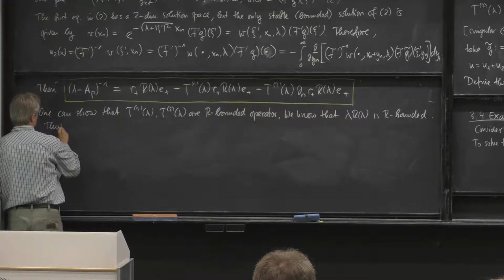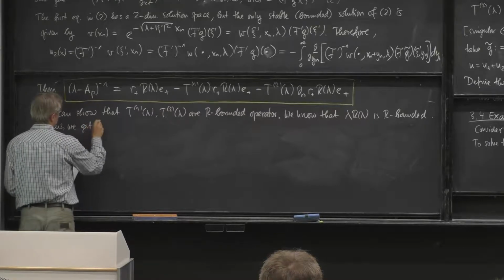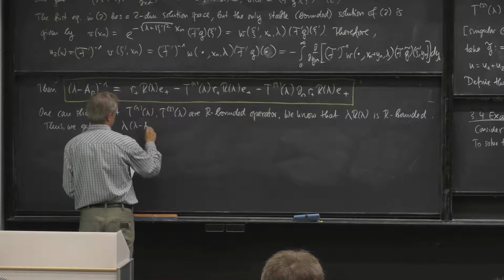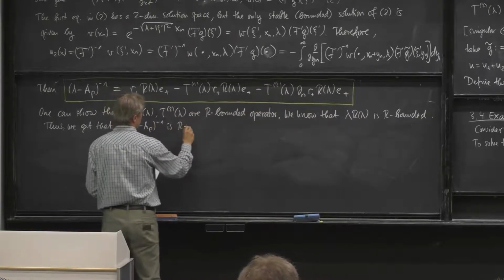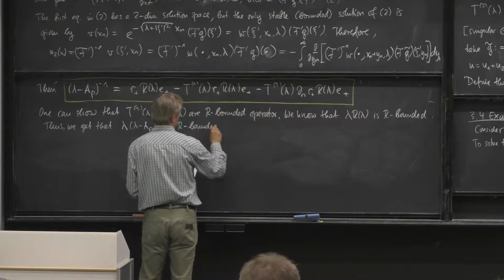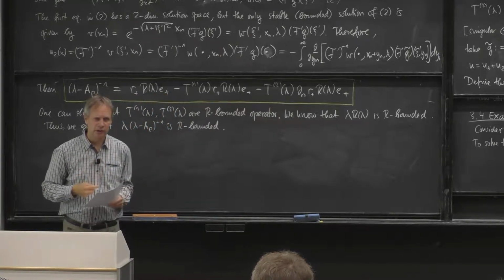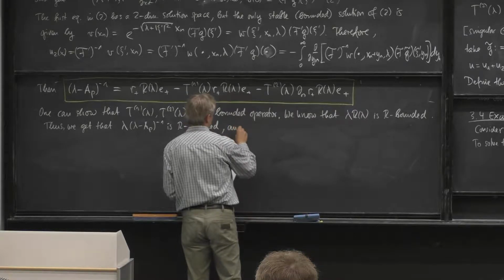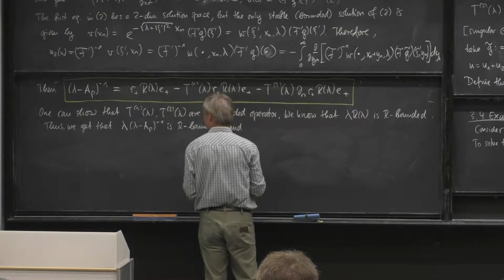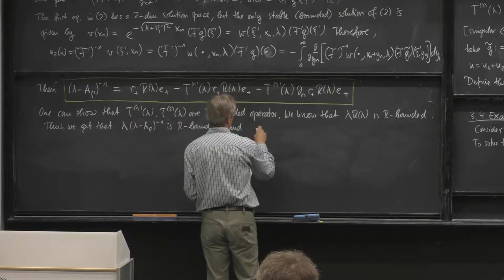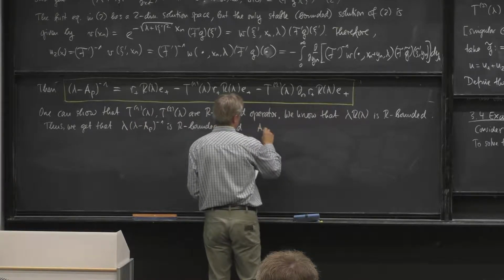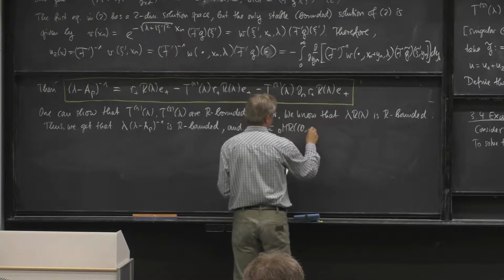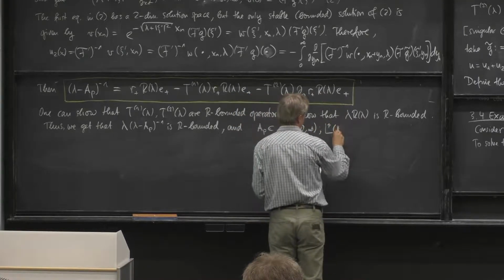Thus we get that lambda times (lambda minus A_P) inverse is R-bounded, and therefore the Dirichlet Laplacian has maximal regularity. And again, there's no need to shift. So in this situation, the Dirichlet Laplacian is in 0 MR (0, infinity; L^p(R^n_+)).